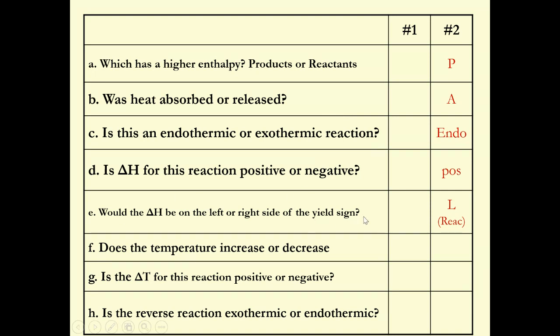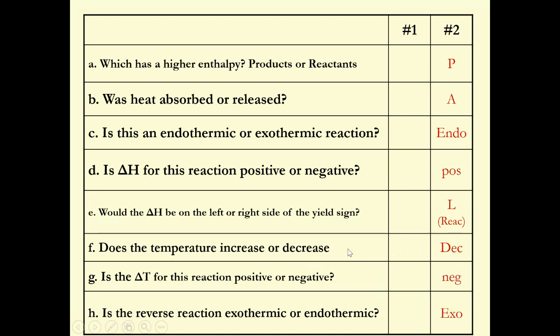If I were to write the heat in the equation, heat is required for the reaction to occur. So it goes on the reactant side of the equation, just like the starting chemicals. Does temperature increase or decrease?